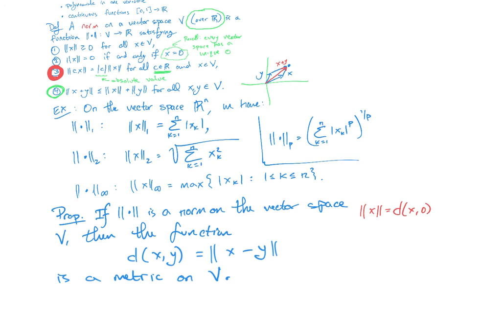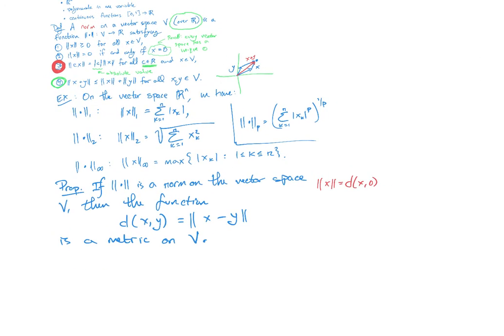Anyone remember them? So we have positivity or non-negativity. The metric equals 0 if and only if both points are the same. Triangle inequality. And symmetry. From the chat, thank you, Roger.